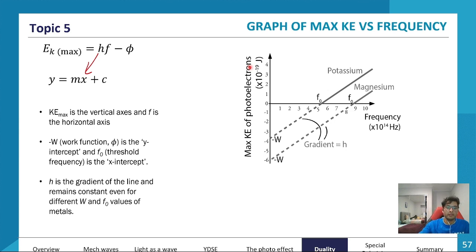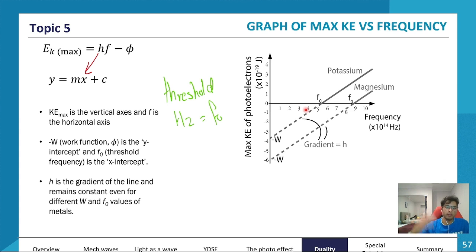Cool. And then there's these things, F0 and F0. F0 is our threshold frequency, in hertz. What this is telling us is that for potassium, you need at least 5 times 10 to the 14 hertz of light to actually create a current.